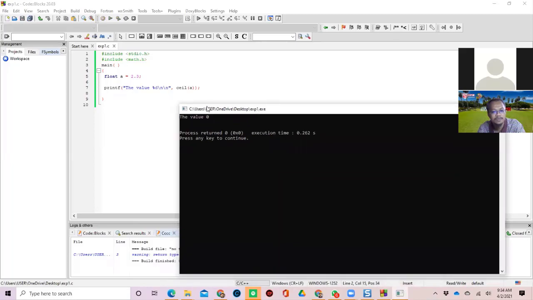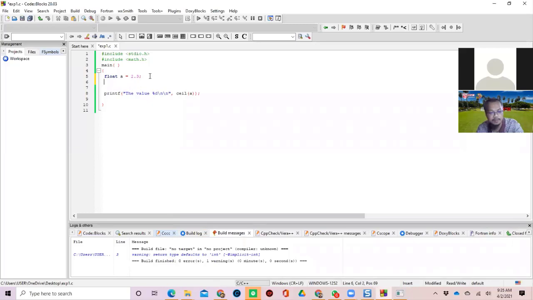The value is 0. Why 0 here? We have integer b, int b.